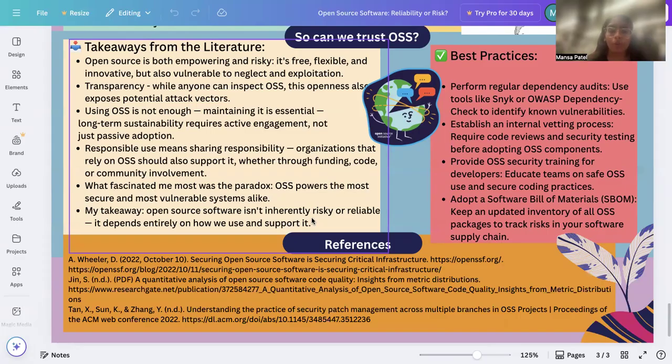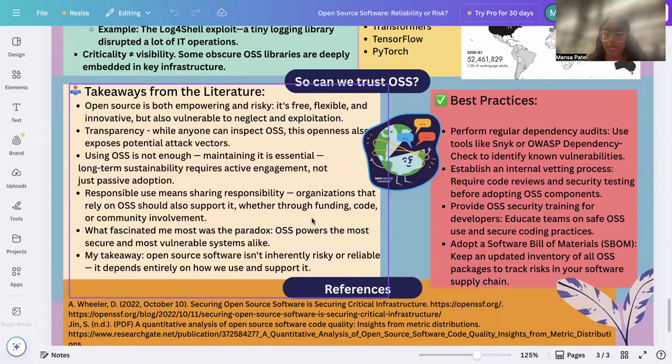Overall, one of the fascinating things that I learned was that OSS powers some of the most secure as well as some of the most vulnerable systems alike. So my conclusion was that OSS is not inherently risky or reliable. It just depends on how we use it, support it, and maintain it.